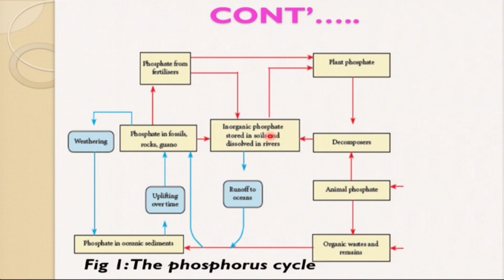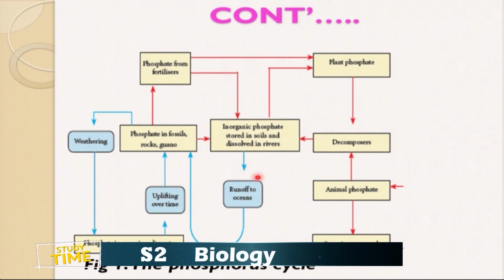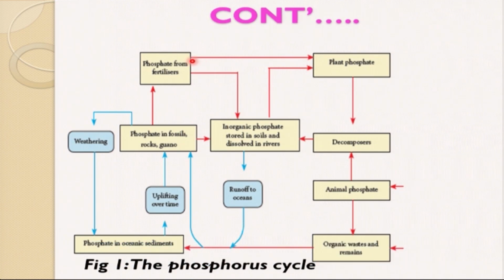They contain phosphorus, which is converted into inorganic phosphate, stored in the soil and dissolved in the river. Because of rain, it can also run off to the oceans, and can also be released back to the fertilizers, which are consumed by the plant.